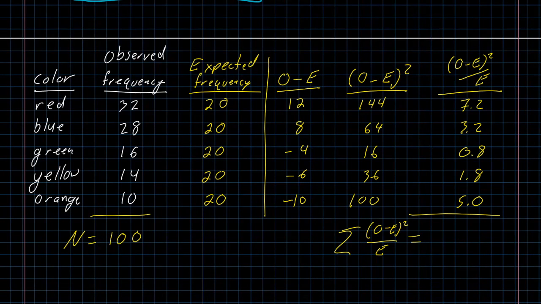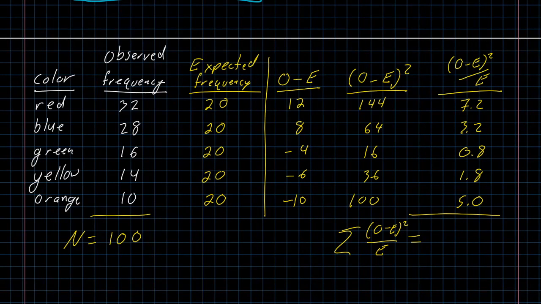It's not the same calculation as standard deviation, but it should feel fairly similar. Working across and calculating this category by category, and then when we reach the end, adding everything up.